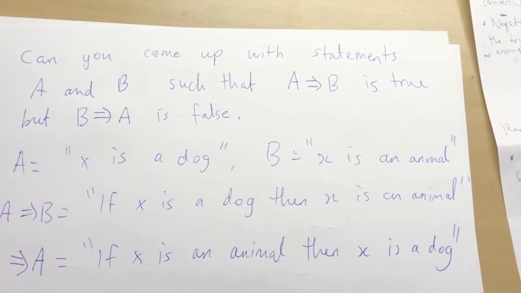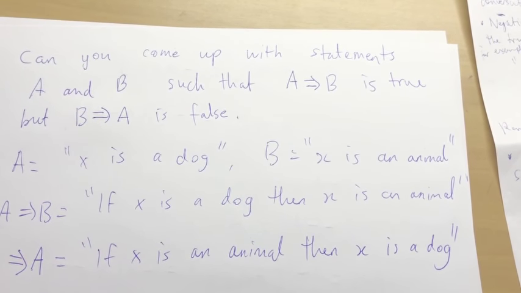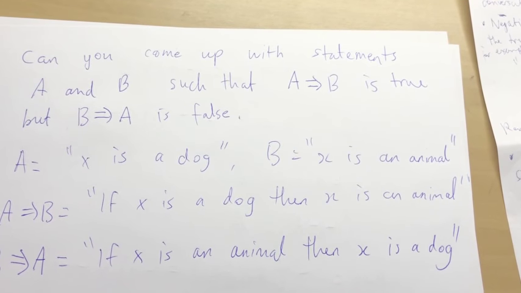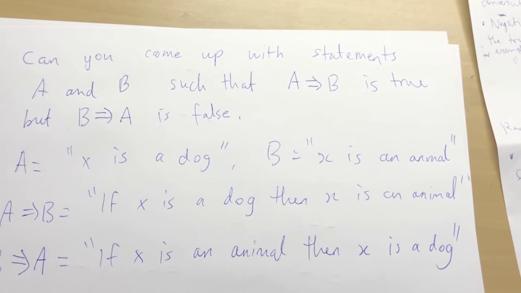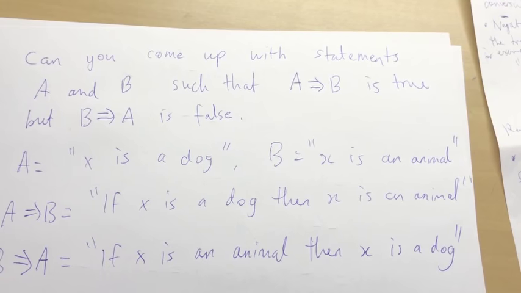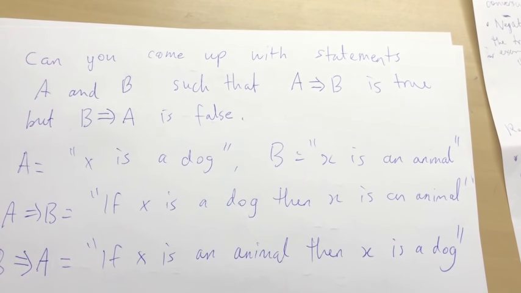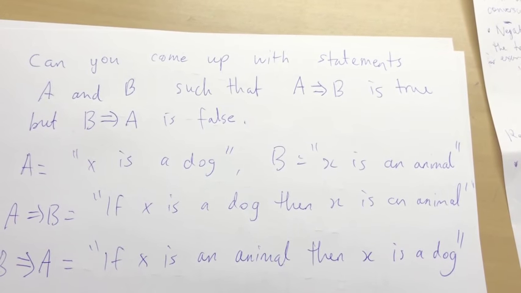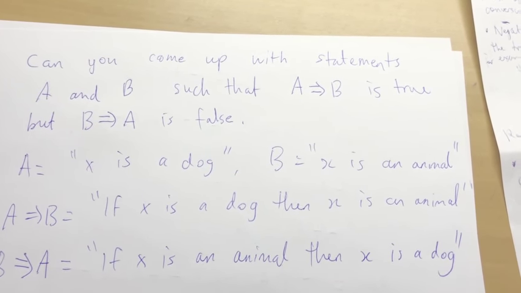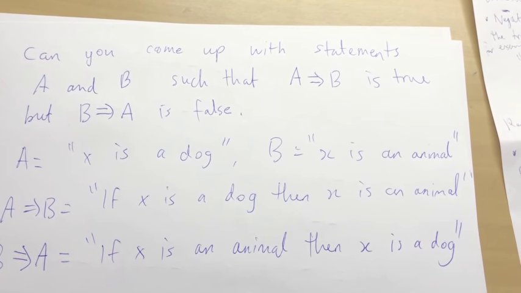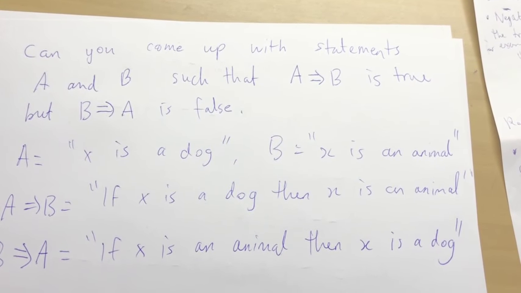Another way you might think about it is to be more fundamental with what statements are. The simplest examples of statements are things that are just true and just false.